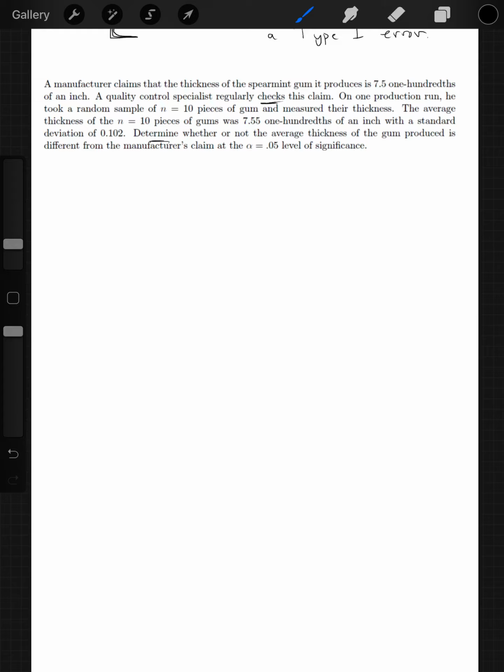So right off the bat, we can see that this sentence is probably telling us about the null hypothesis because it is a status quo. It is the claim that is being tested, right? So it seems like our H naught is going to be that the average thickness is 7.5 1/100ths of an inch, right?